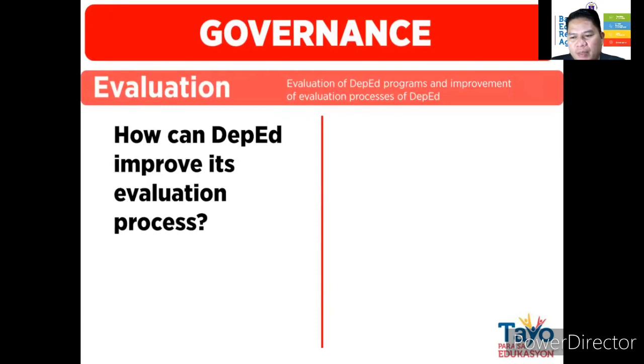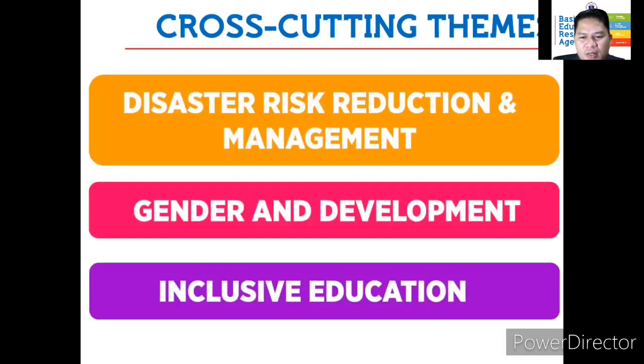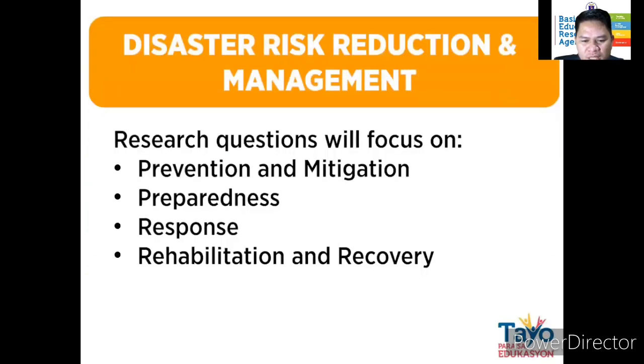So I hope you have learned about some research questions and research themes in choosing our action research problem or topics. For the cross-cutting themes, you can also research about disaster risk reduction and management or DRRM, and gender and development and inclusive education.